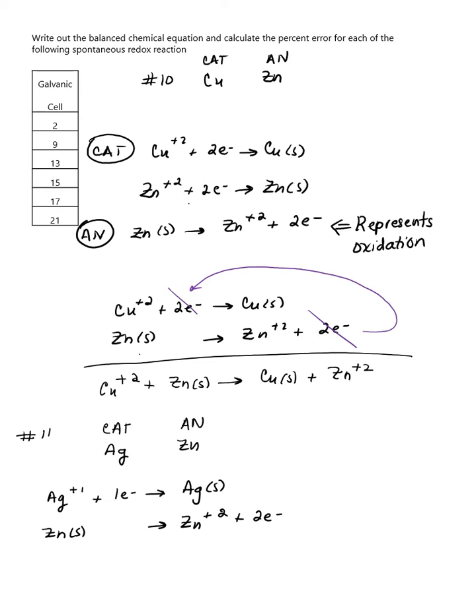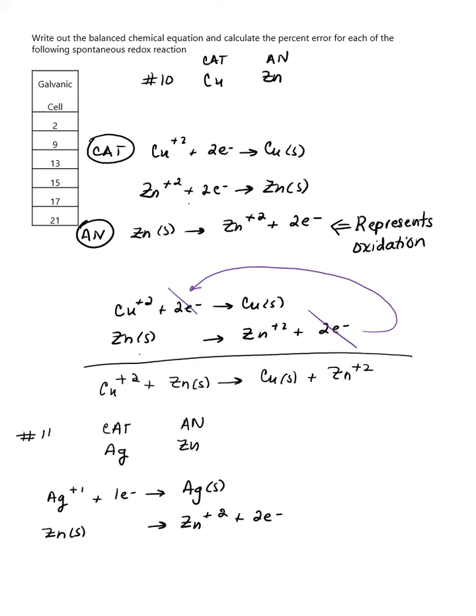Silver is the one that is being reduced, and it takes just 1 electron. Every mole of zinc that is being oxidized gives you 1 mole of zinc plus 2, but 2 electrons. So those 2 electrons need to be transferred, both of them.